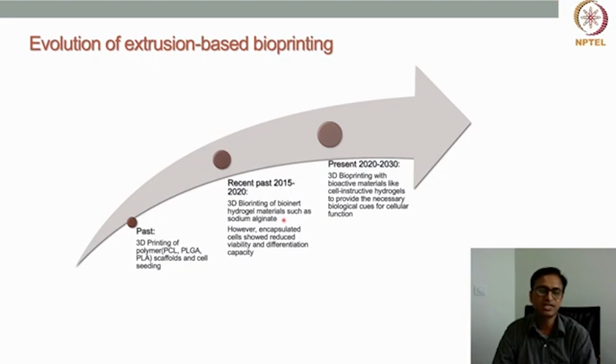So the cell function can be fully established, because with extrusion bioprinting, the current trend is to mimic the tissue structure, and not only the structure but also the function of that particular tissue. So that's why the biomaterial or the bioink is very important, and nowadays the trend is to print with bioactive materials. So that's the current trend.